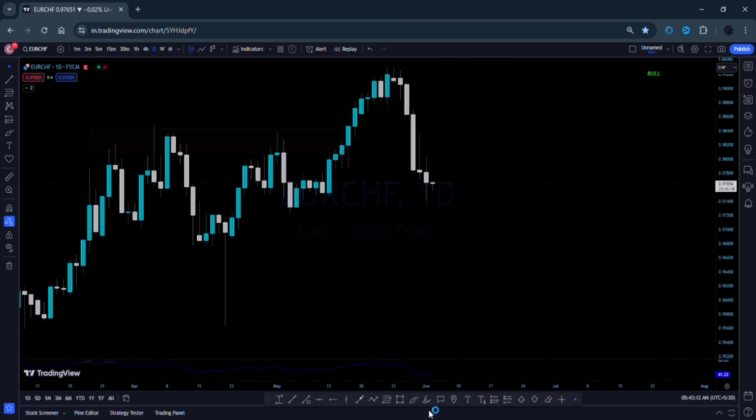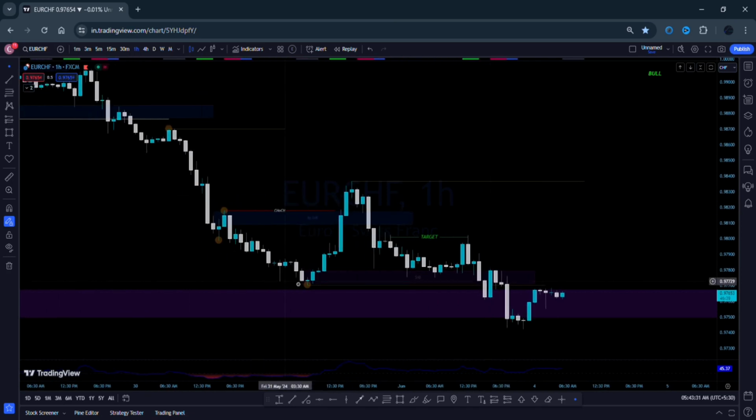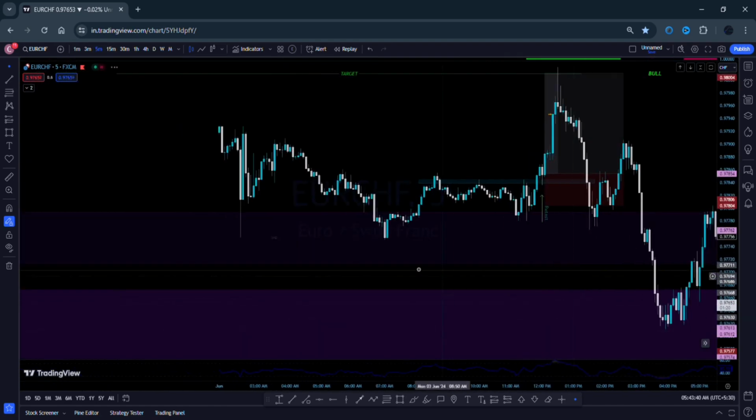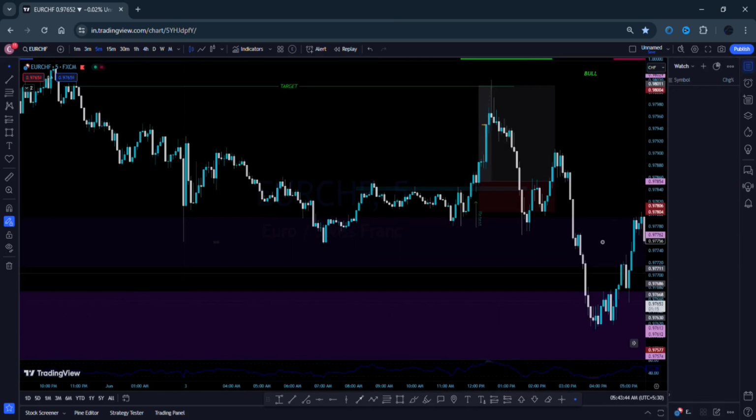Okay, there was a kind of S&D zone here, and H1 market structure shifted to the bullish side at the daily S&D zone. So that was the whole idea, looking for bullish price. Nice impulse, weak retracement, and then we had a retest setup here. That was the whole idea behind this trade.